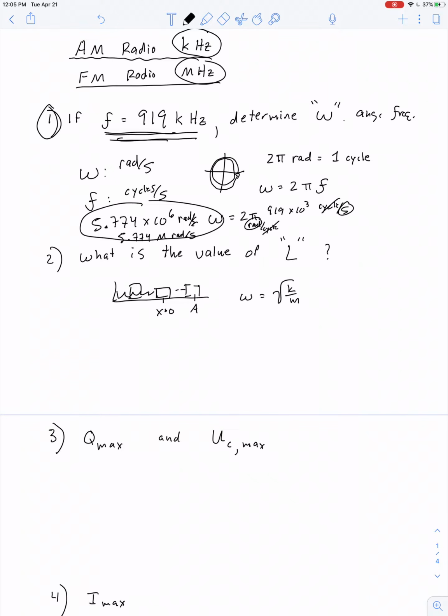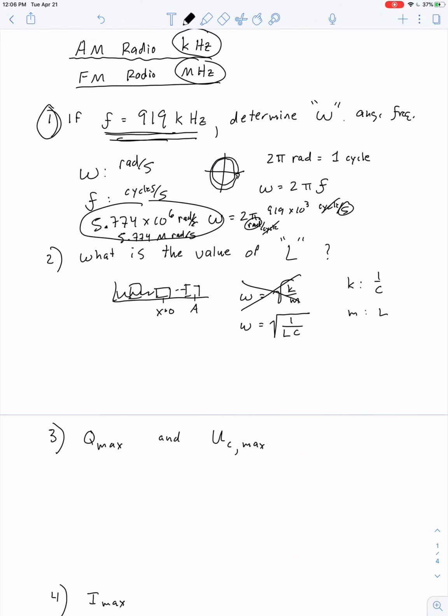Does that help me remember the expression for the angular frequency of an electrical oscillator? The analogous quantity for spring stiffness is the inverse of capacitance. The analogous quantity for mass is inductance. Oh yeah, that's right. The angular frequency of an electrical oscillator is the square root of 1 over LC.